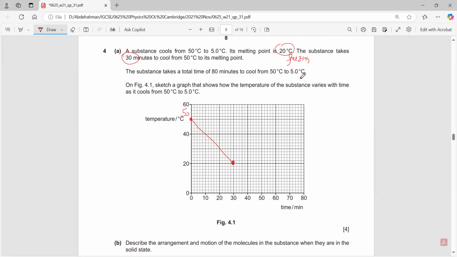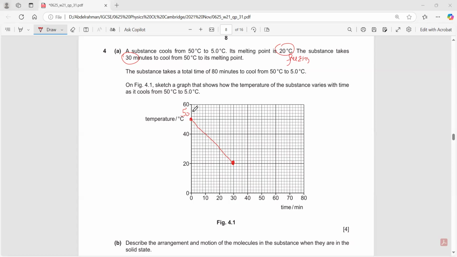Because when you reach the freezing point, it takes some time for the substance to change from liquid to solid. This is the freezing process.